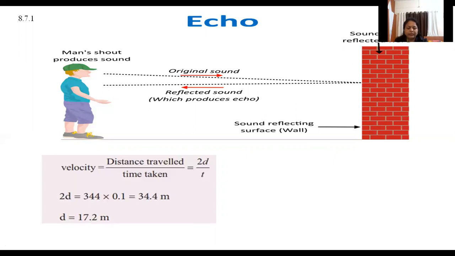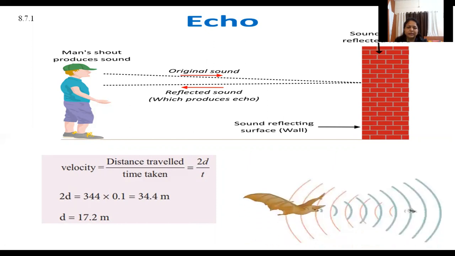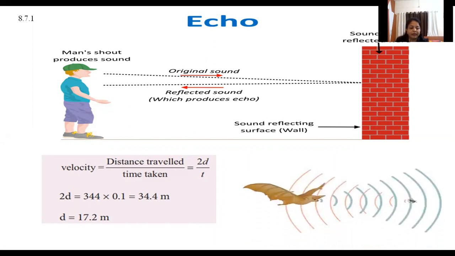Now this echo is very useful. We can see that many animals and birds also use this echo science, or अकॉस्टिक्स आपण म्हणू शकतो त्याला. तर इकोचा वापर करून बॅट्स काय करतात, त्यांचं जे भक्ष्य असतं ते पकडण्याचा प्रयत्न करतात.